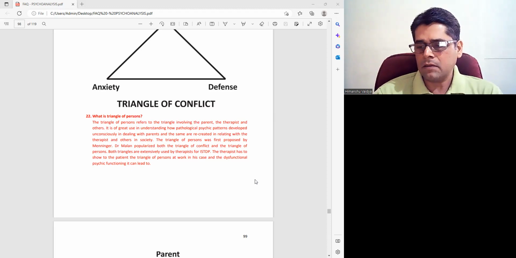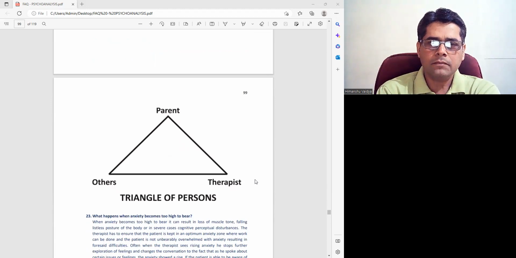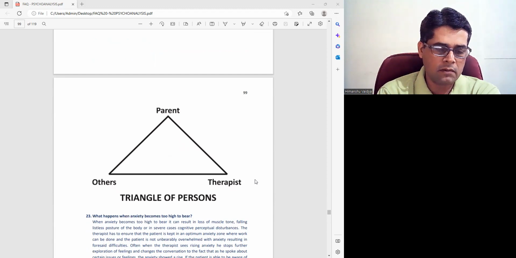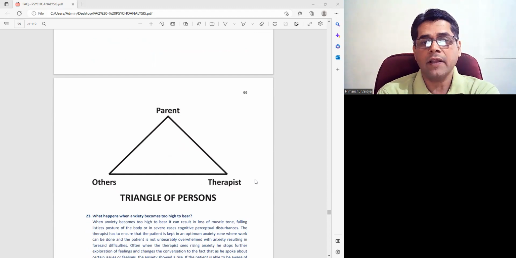So Dr. Malan's triangle is this, that the person is related to significant important parents, others, and the therapist.